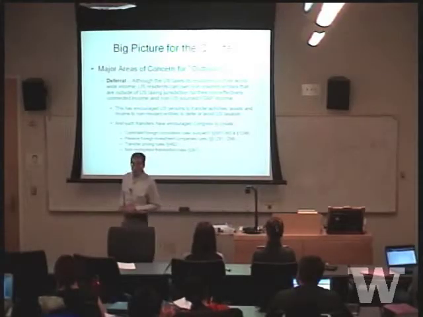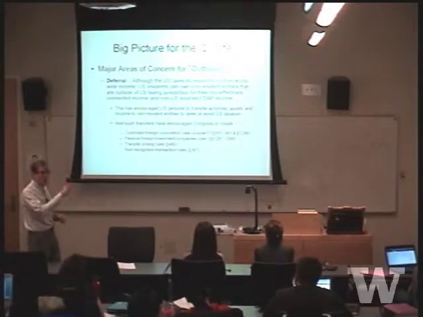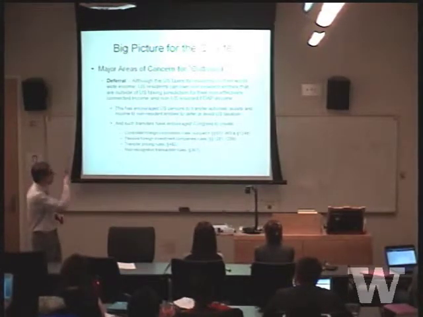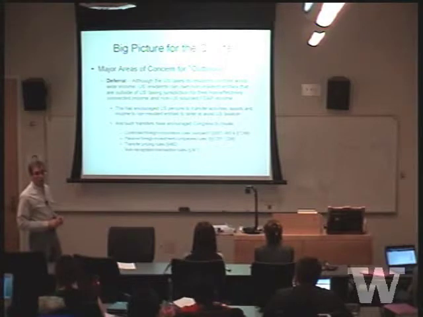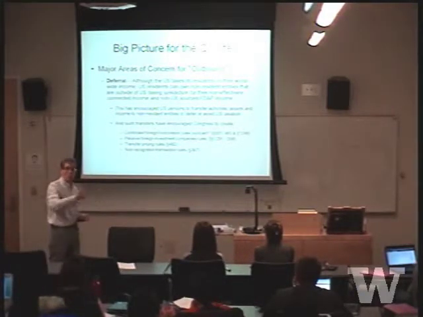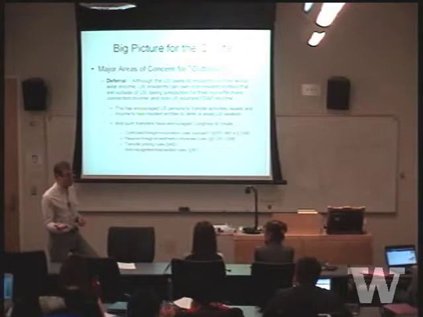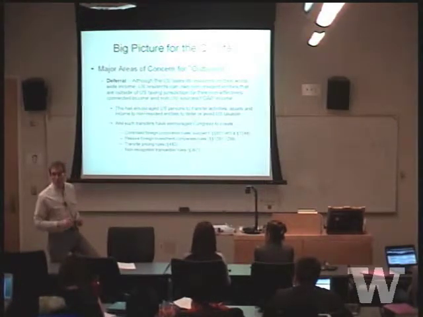Now, the other major concern from the standpoint of the outbound course is what we'll call deferral. As we talked about Cisco or Google or the drug companies, they are attempting to maximize the ability to defer U.S. tax on earnings that they make outside the United States.